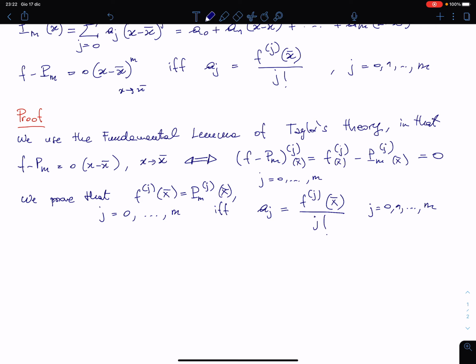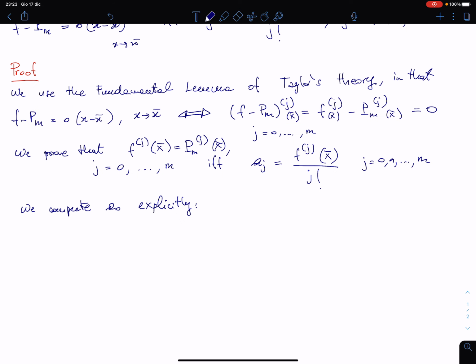Just let me do it quite explicitly for j equal to 0. Just for clarity, we could immediately go for the computation of the jth derivative, but we compute a0 explicitly.